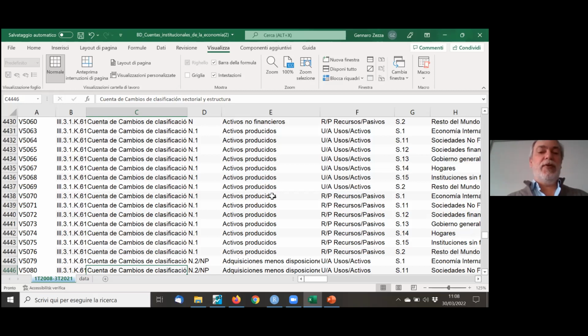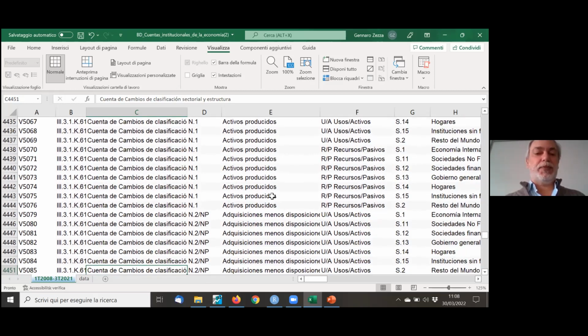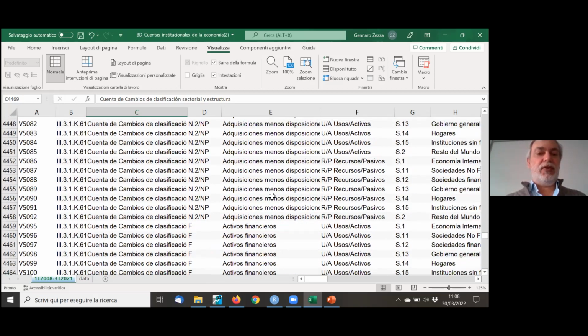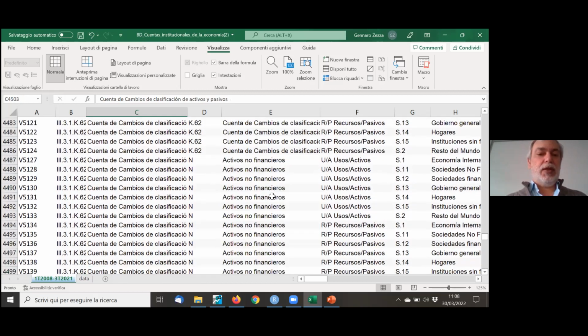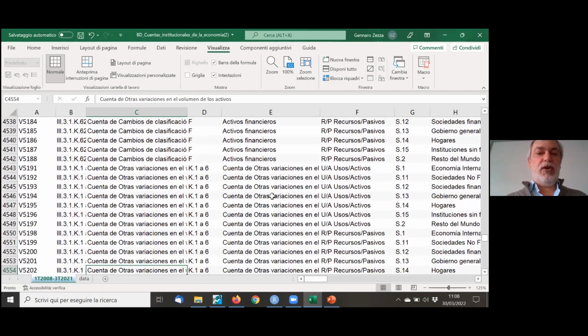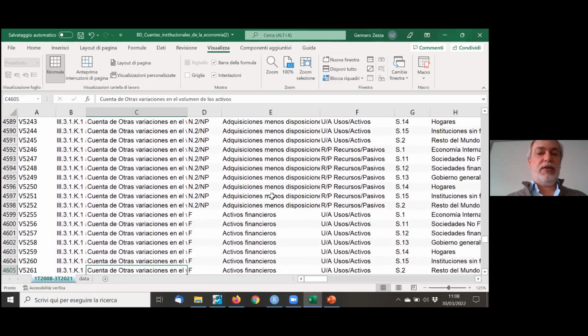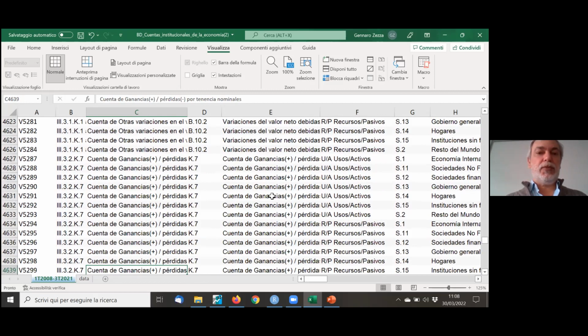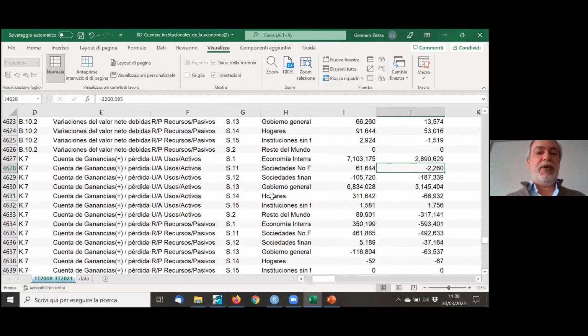So they reclassify this in a different way. Other changes in volume of assets. And I think that what we are looking for is this cuenta de ganancias, which should be the capital gain.